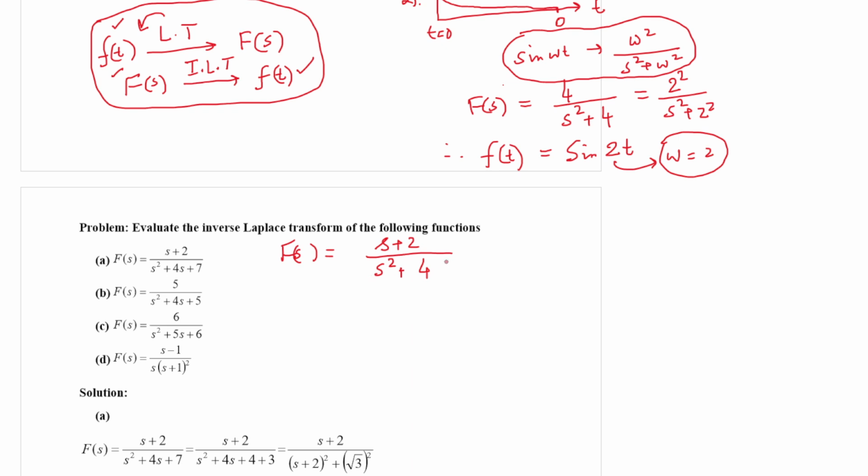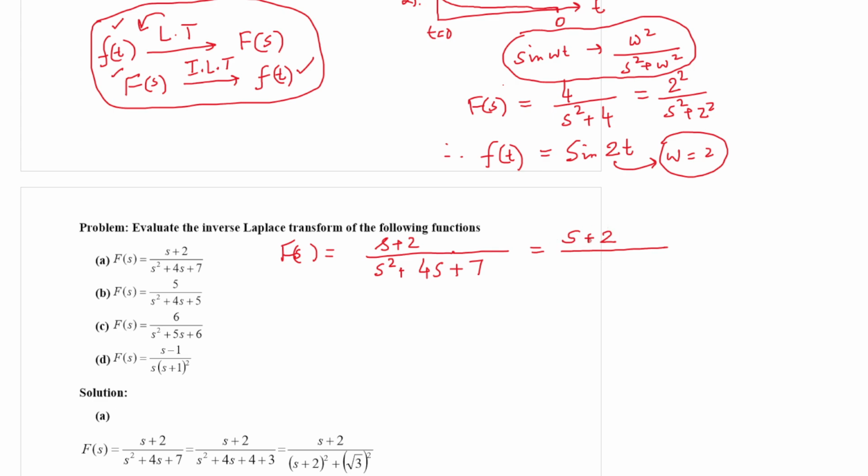Now how to get the inverse Laplace transform from this expression? You should know the technique. First of all, in the numerator we have s plus 2. If you look carefully, s plus 2 means shifting in the frequency domain.